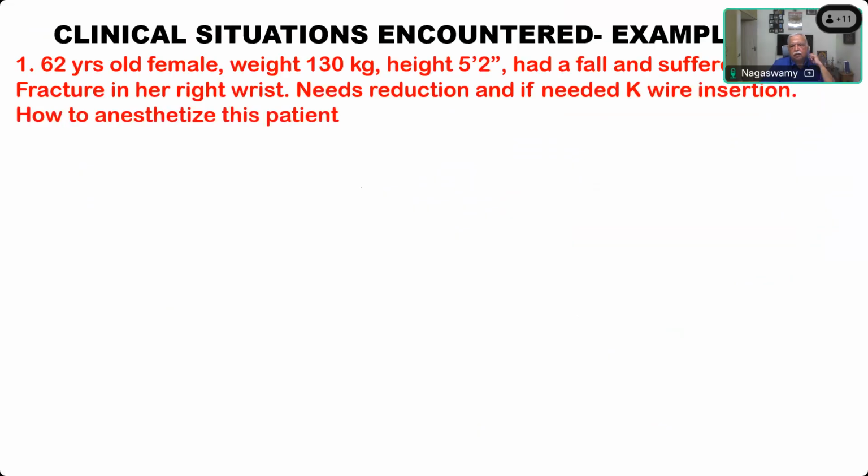And clinical situations, sometimes you may have a simple case like an obese patient having a fall and fracturing the hand, so needs reduction, and if needed a K-wire fixation. And the patient may be in full stomach. So this is how the case scenario can be given.